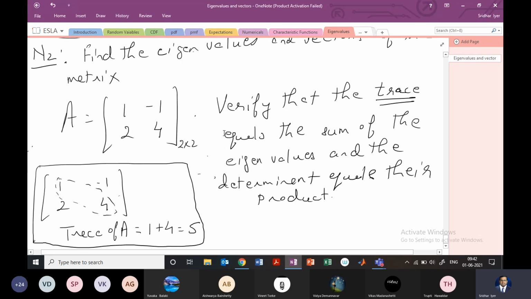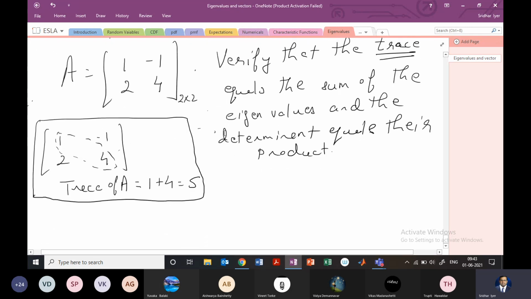Solve it and see what answer you get. I hope you have proceeded. So I'll also start here.